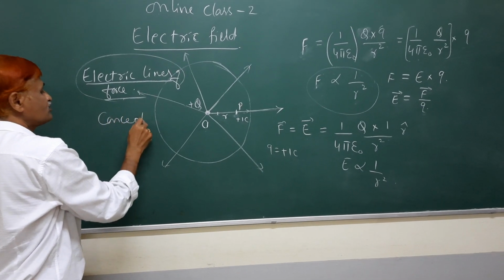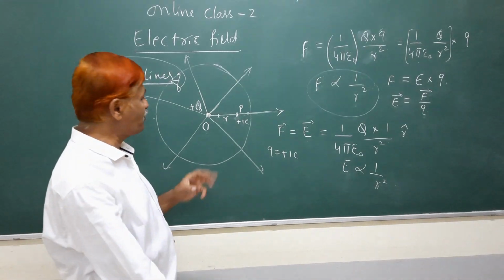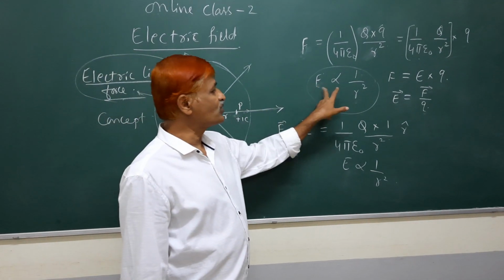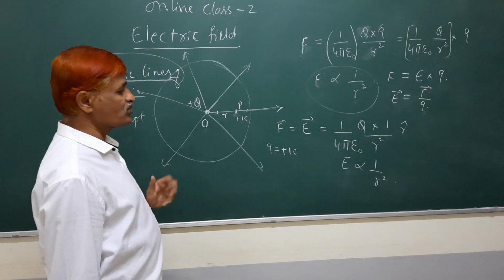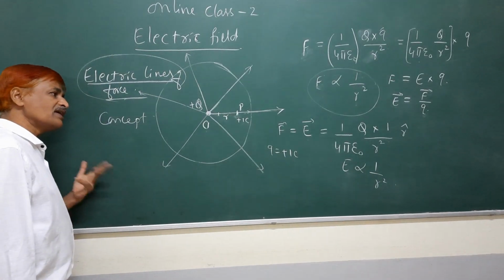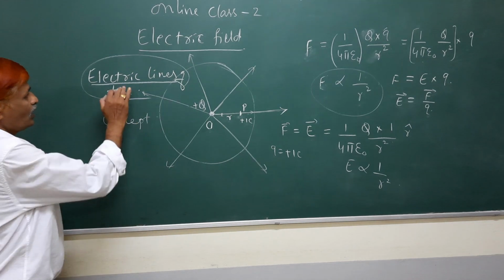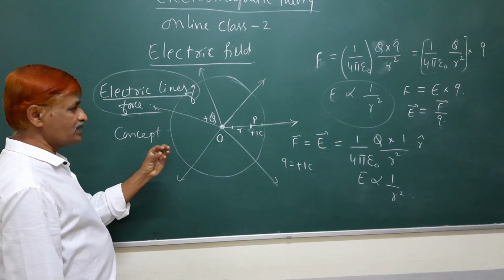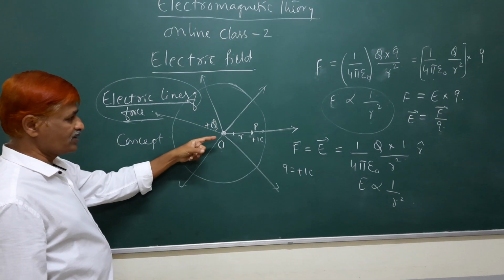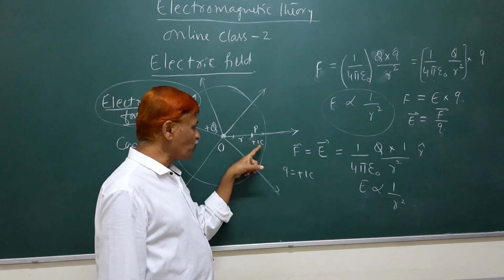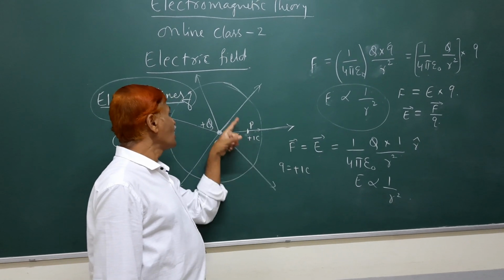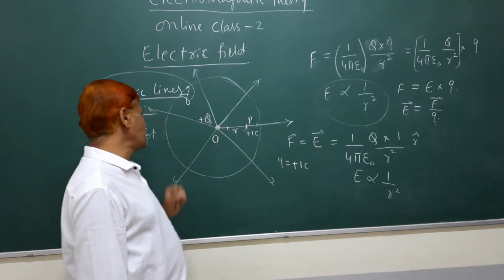Actually nothing is flowing, but this is an idea which is very useful to understand the variation of force or electric intensity with the square of the distance. Electric lines of forces are the direction of a unit positive charge, the test charge, placed in the electric field. They give the direction.